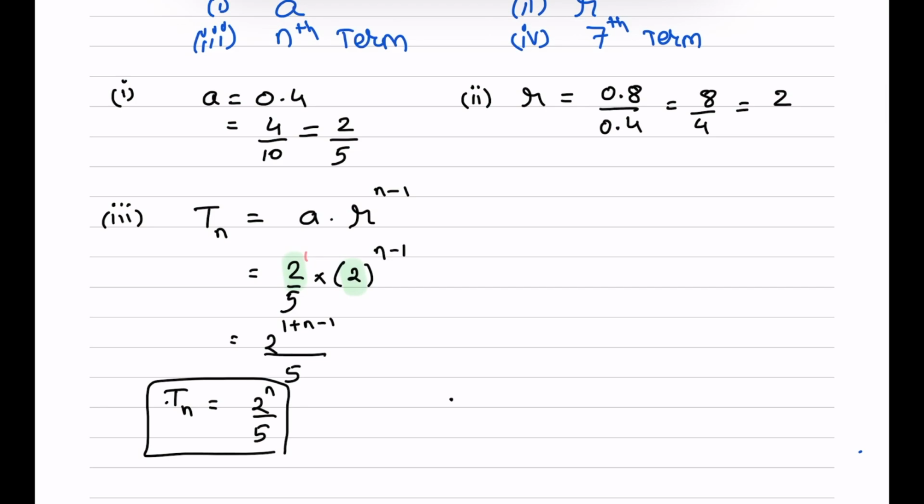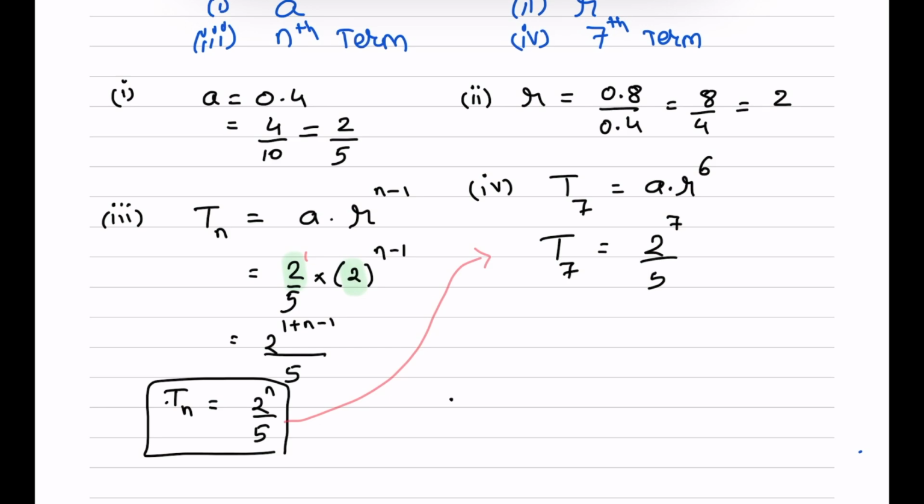Now to find the seventh term, we can use the formula T7 equals A times R raised to 6, or we can use this simplified form for this question. So T7 equals 2 raised to 7 upon 5, and 2 to the power 7, when you multiply 2 seven times, you get 128 upon 5.